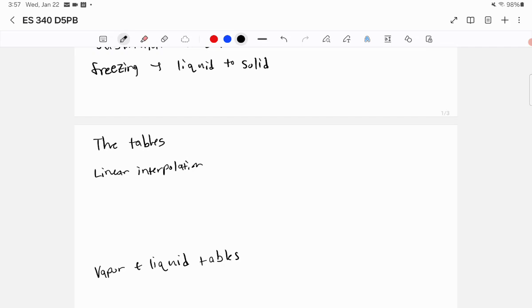There's no interactions, all these kinds of assumptions. And the ideal gas law only works well in certain scenarios, right? Because of those assumptions. So the tables are going to allow us to go beyond the ideal gas law because these are actually measured values. And so this is why the tables are going to end up being important.